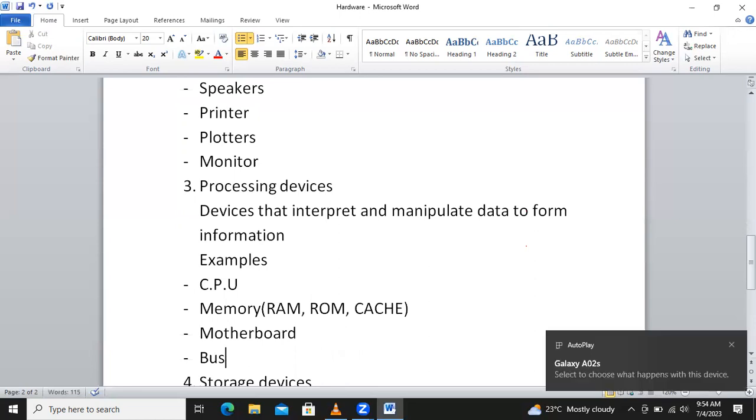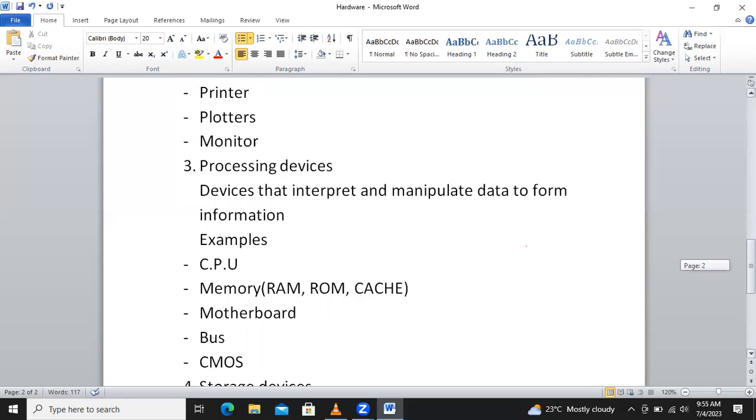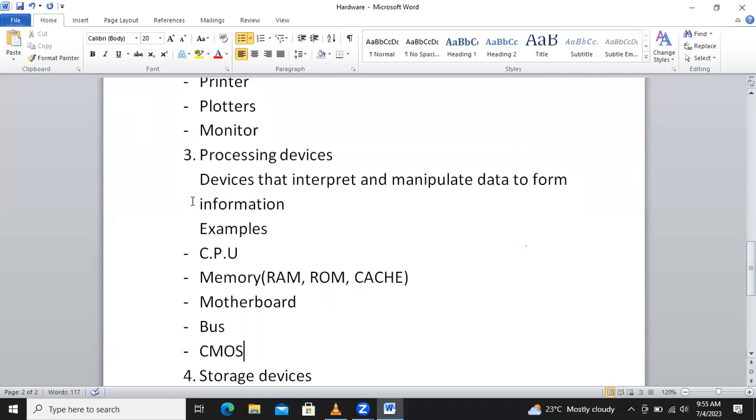If there are many, you call them buses. We shall look at them one by one soon in detail. There is another one called CMOS. They are quite many, but we shall not finish all of them. But these are the main processing components we have in a computer.